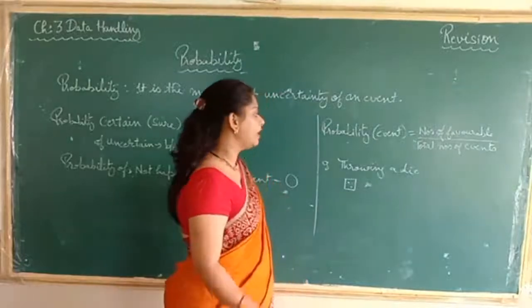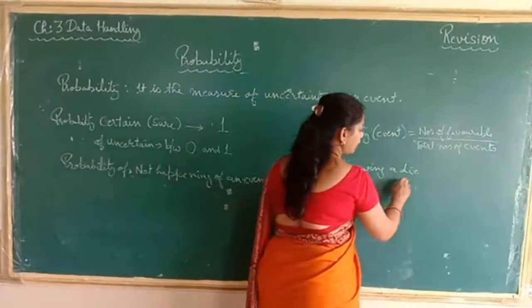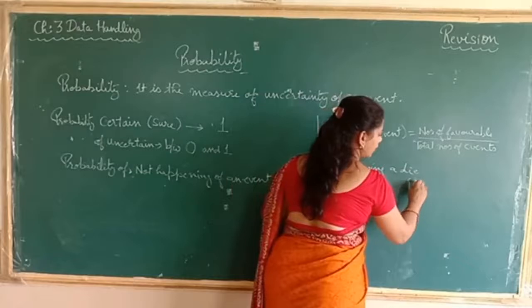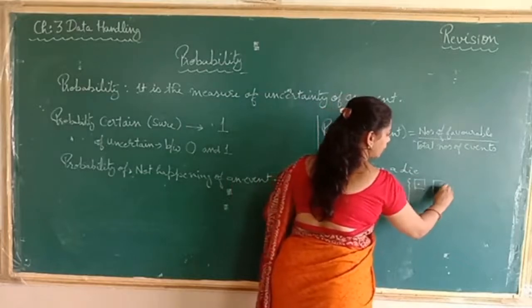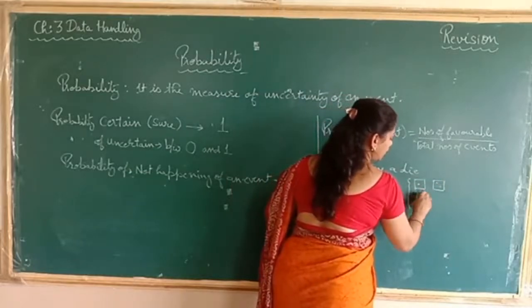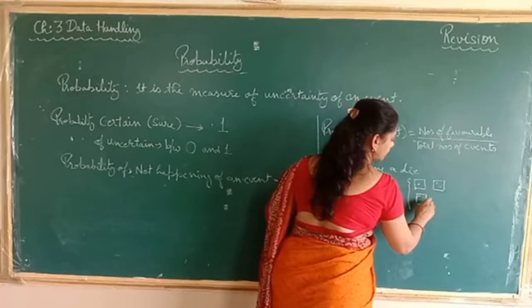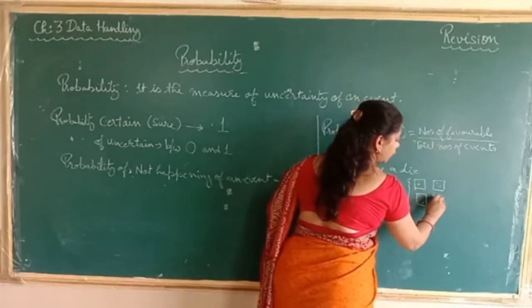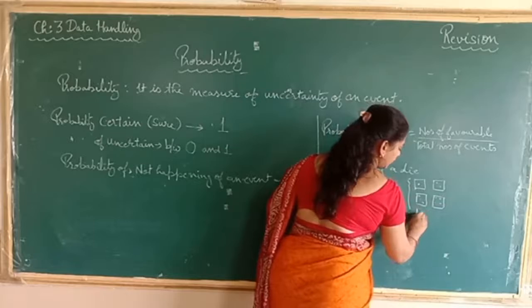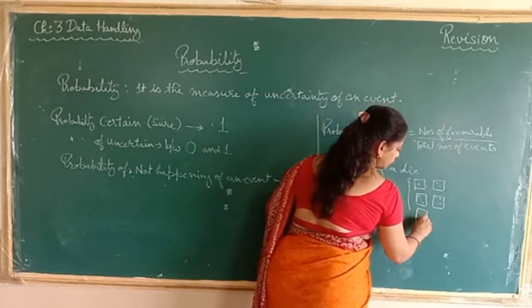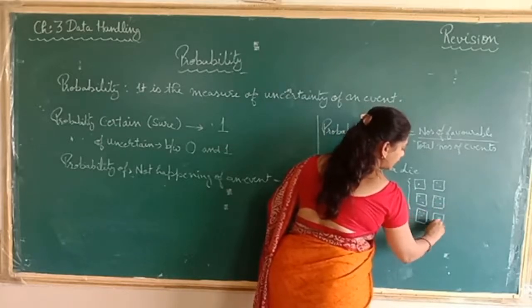So how many chances are there? It may be 1, it may be 2, it may be 3, it may be 4, it may be 5 also, and it may be 6.